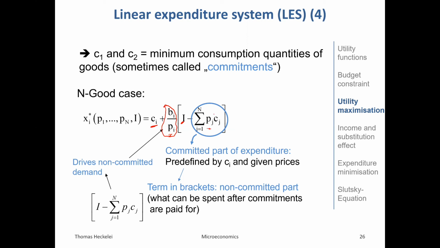So these are the factors that will affect the non-committed demand at the end. And with this functional form, you could expand your system or your model to many, many goods, which is great.